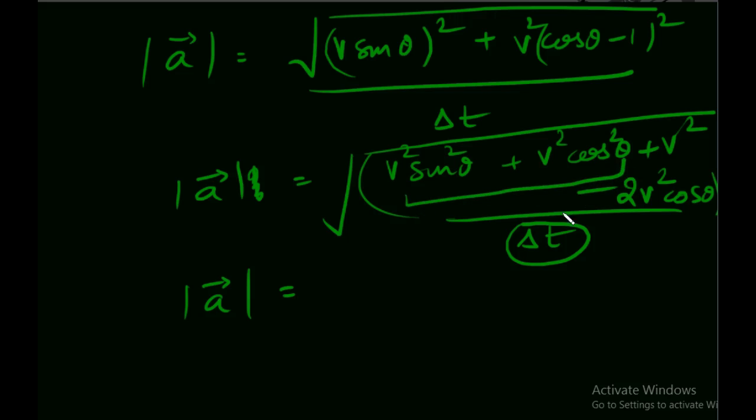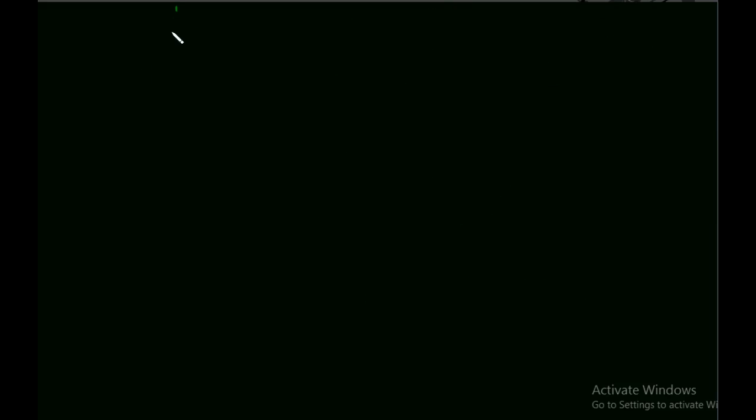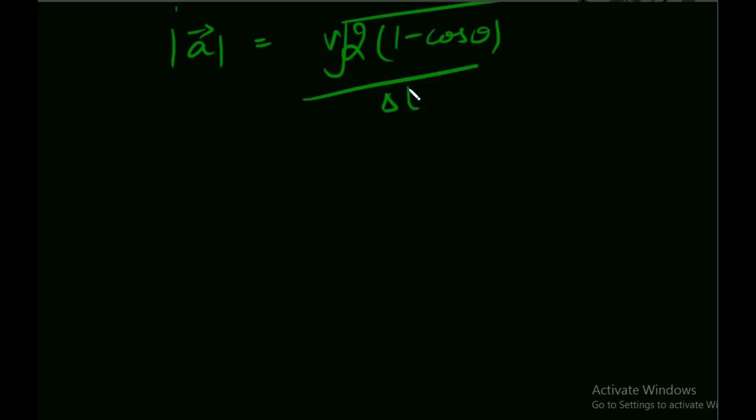Now this becomes V square. We can take V square outside, it becomes V. Sine square theta plus cos square theta will be 1. V square is outside, so 1 plus 1 will be equal to 2. 2 into 1 minus cos theta divided by delta t. So mod A equal to root of 2 into (1 minus cos theta), times V by delta t.